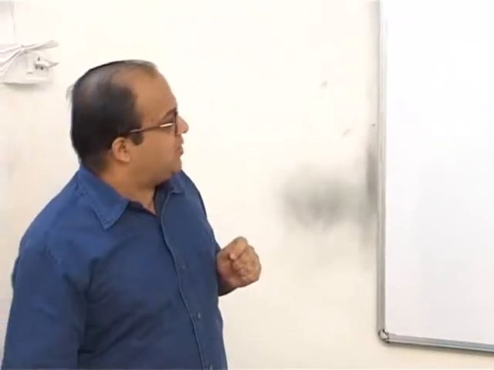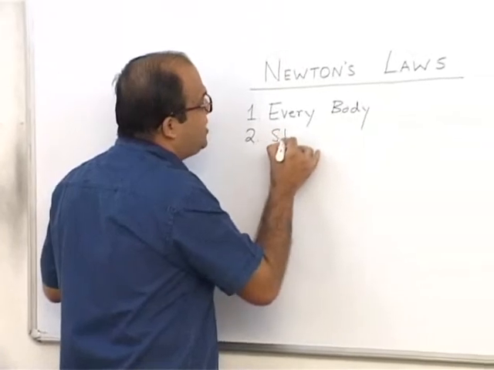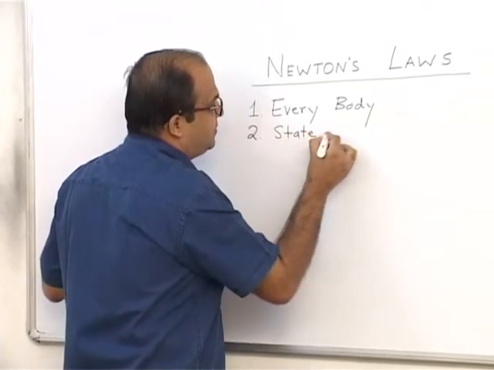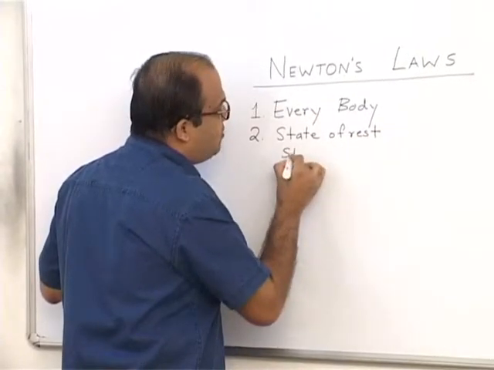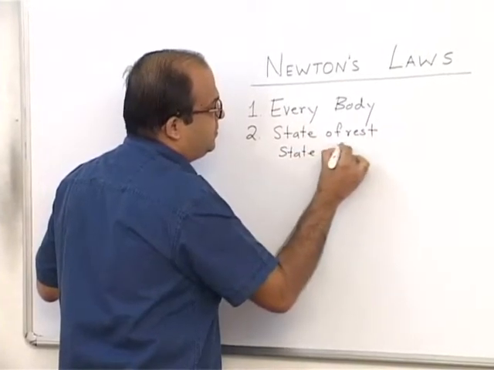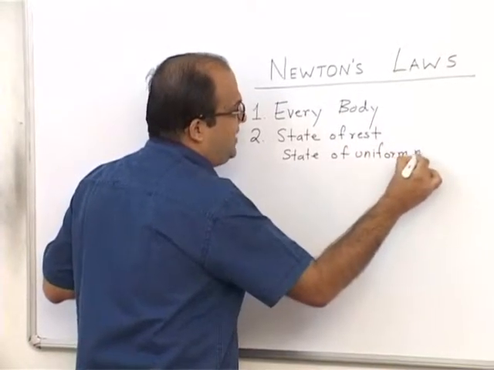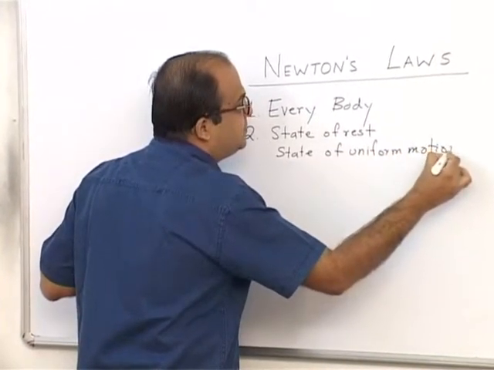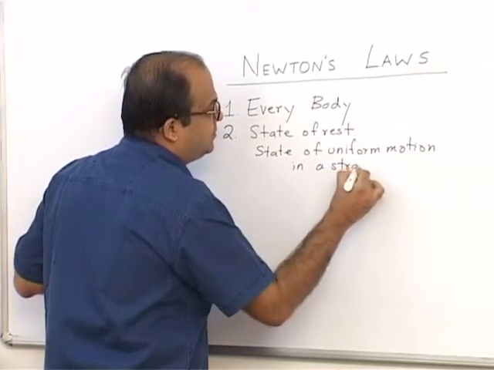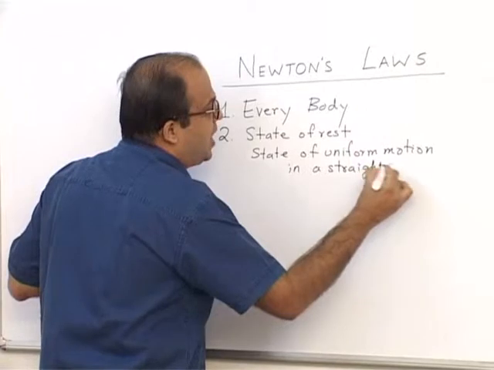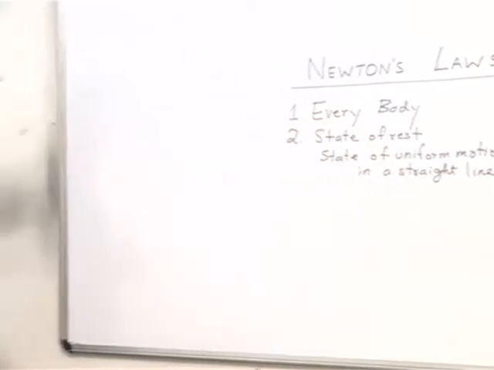Now the second point. As per Newton's first law, state of rest and state of uniform motion in a straight line are both natural states of a body.